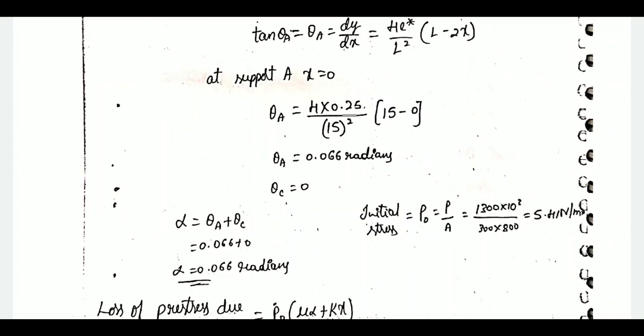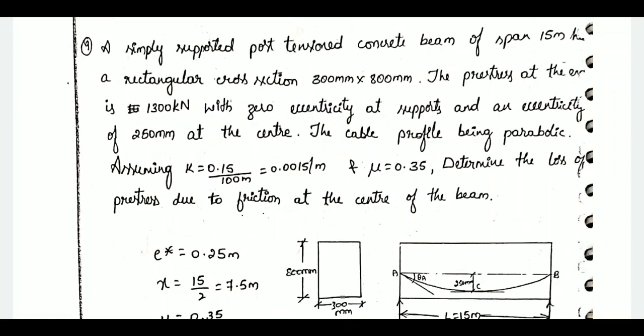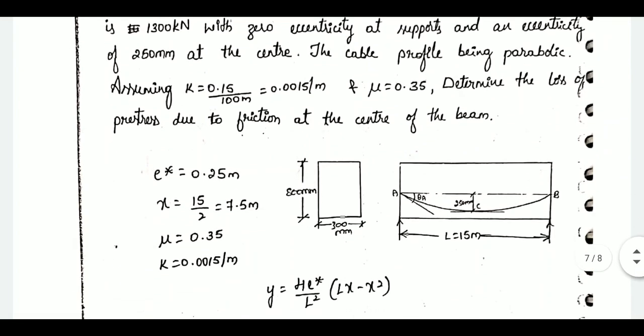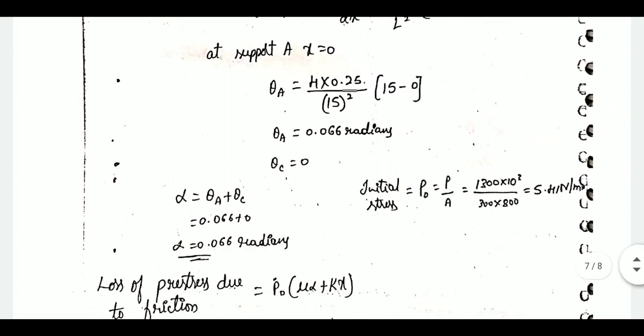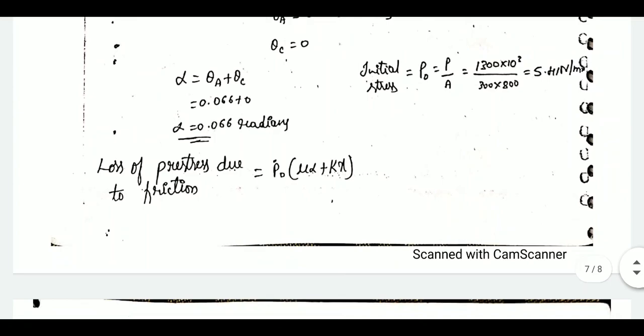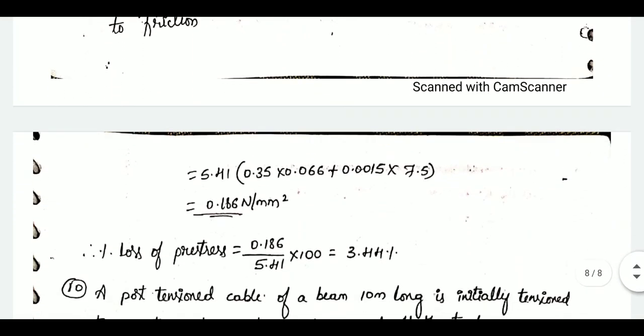Initial pre-stressing force is given, it is 1300 kilonewton, and area of the section is given. You will get P by A, load by area. We will get the initial stress P naught. So loss of pre-stress is mu alpha plus Kx. Simplify, you will get the answer.